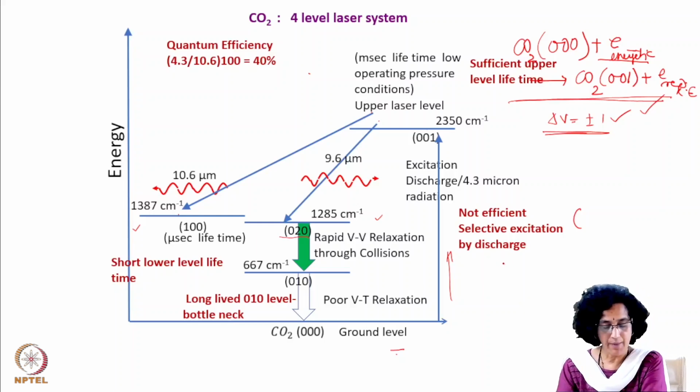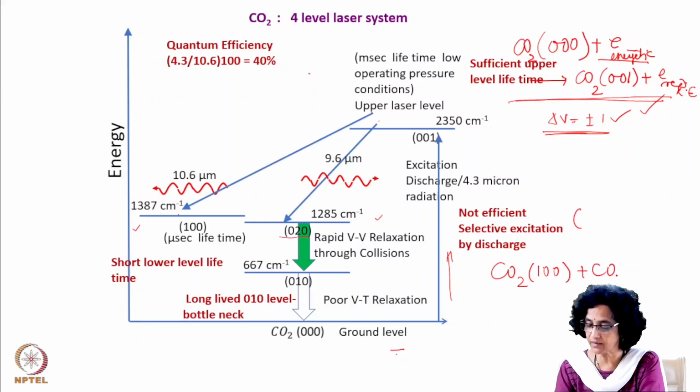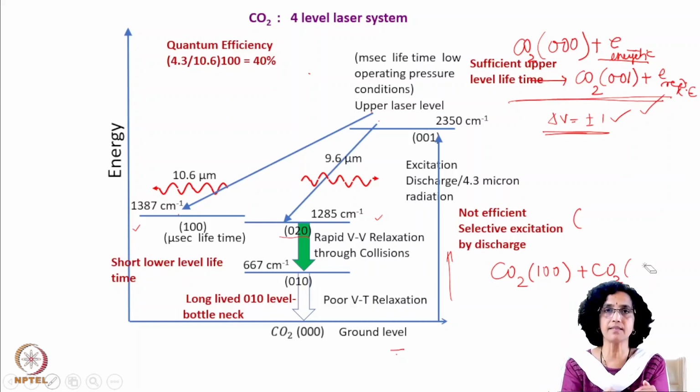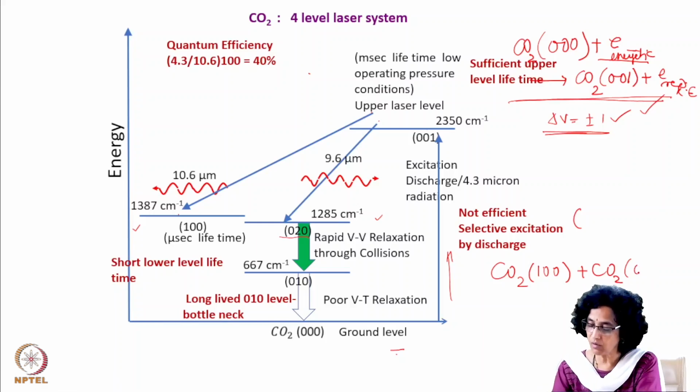and this happens through collisions. The first is VV collision. One thing is it can always collide with 0 to 0, and as I said, they are so close that there is a total redistribution of population between the two. So you can assume that there is an equilibrium between the two, and it can collide with 000 so that this will lead to 2 CO2 010.